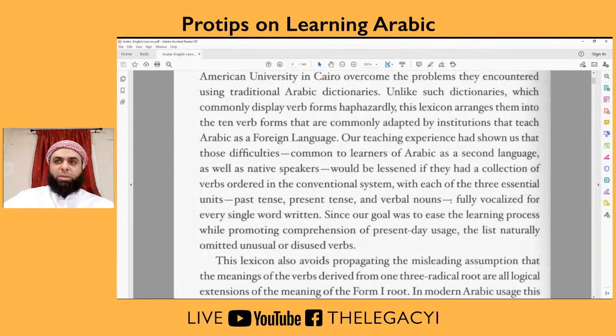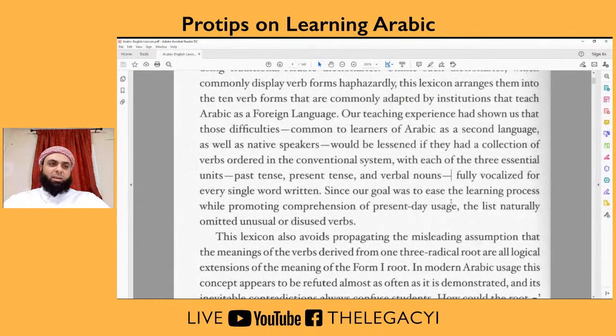So there's going to be a sort of bias or slant in this dictionary more towards contemporary usage, as a result of which this might not be quite ideal for those who are studying primarily with an eye towards classical Arabic in particular, but that doesn't mean that you cannot benefit from this dictionary.